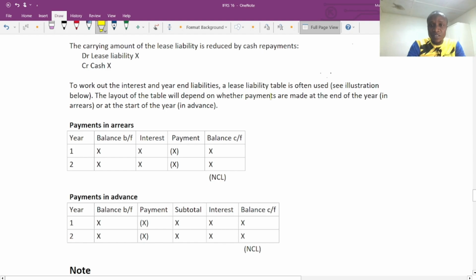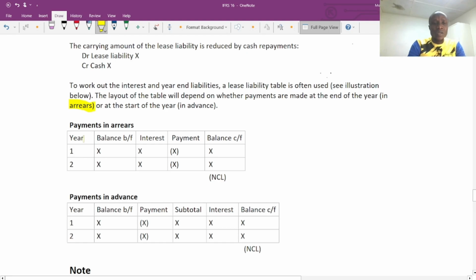If the lessee is going to make payment at the end of the year, it means that payment is in arrears. So if that is the case, we are going to use this approach to calculate our interest and our closing liability. If the payment will be made at the end of the year, not at the start.